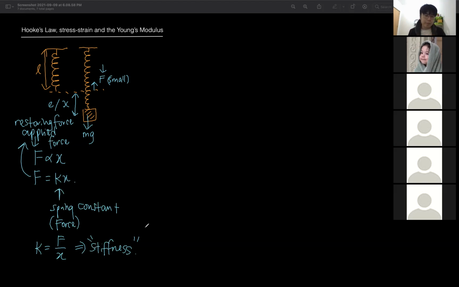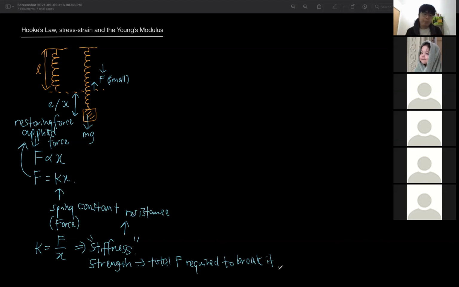Again, stiffness is the resistance. This is the resistance to change in length. Now, strength is the total force required to break it.